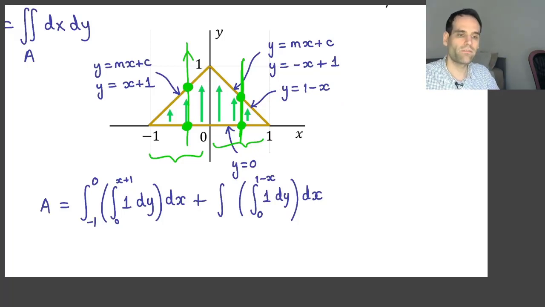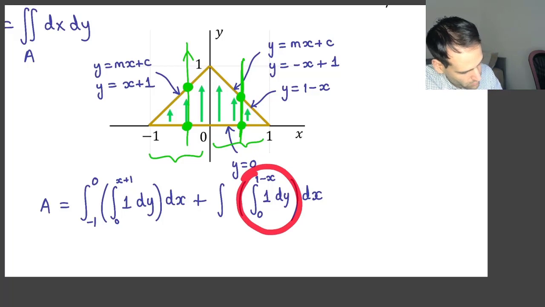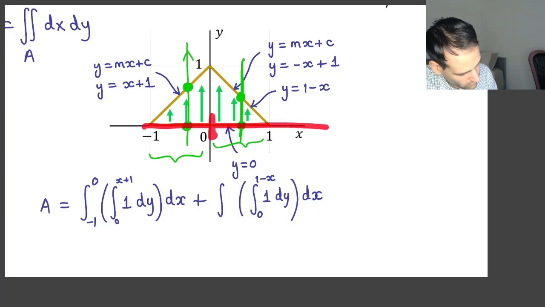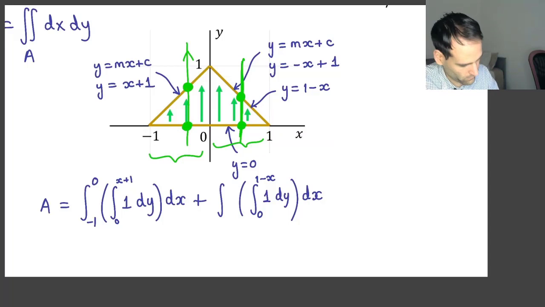So that is what we write over there. And then once we do the inner integral, we project the area into the remaining variable, which is x. So we have to now integrate between 0 and 1. That will be the limits for the outer integral.